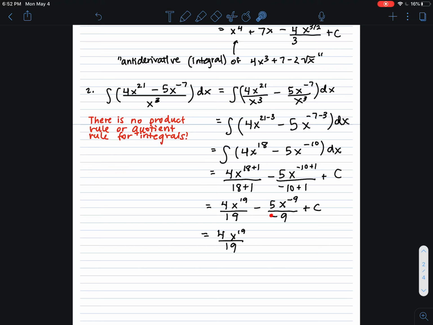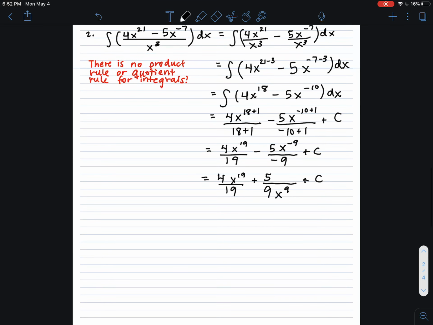Here we have a negative and a negative, so that becomes a positive 5. And because we have a negative power on this x, it's actually in the denominator. So we have 5 over 9 times x to the 9th plus c. So that's your antiderivative or integral of our original function inside here for that one.